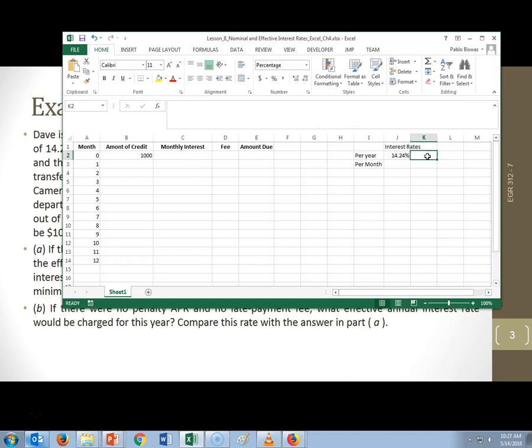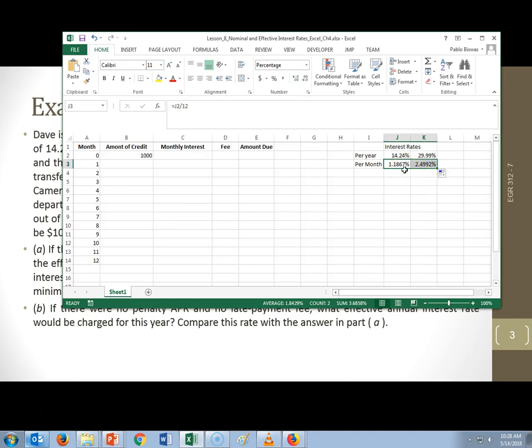And with the penalty, if you do not pay, the penalty will be 29.99%. So what will be the per month interest rate? It will be nothing but this divided by 12, and then the same right here.